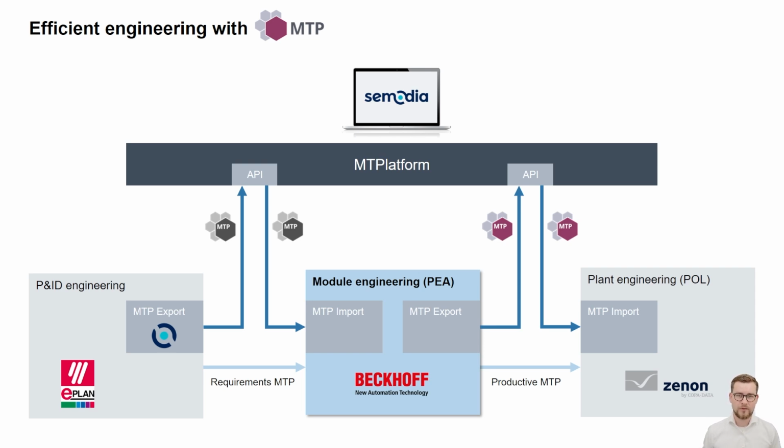After finishing this step, you can export the MTP file and also via the same API push it directly to the MT platform. On the MT platform, you now have the whole version history of this MTP file, and you have the productive MTP file and can manage it on the MT platform.